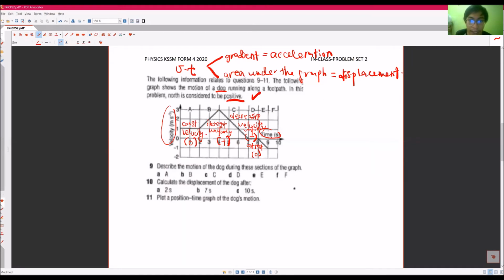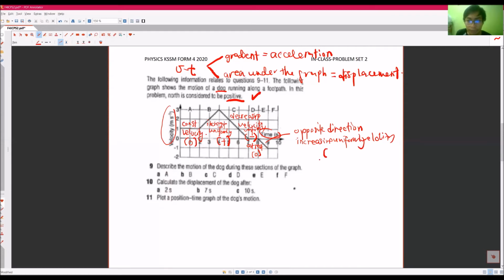E, now it moves in the opposite direction because the velocity is negative, and the velocity is increasing uniformly.